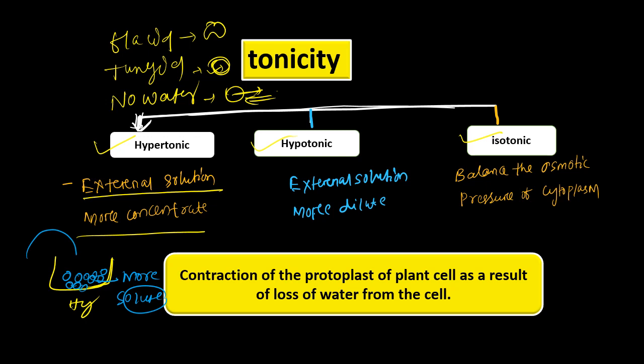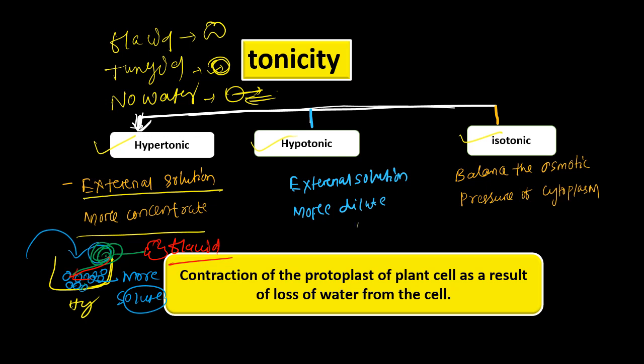If I place a cell here, then what happens? The external solution already contains higher solute, and the cell contains lower solute. So water will move out of this cell, and finally the cell shrinks. This condition is known as flaccid, meaning water loss.